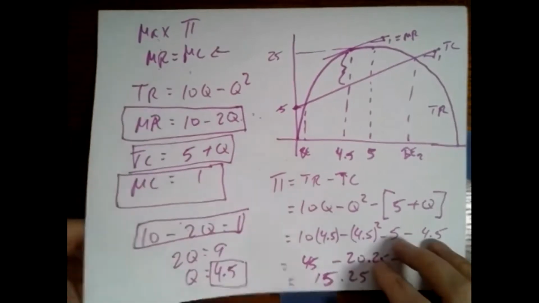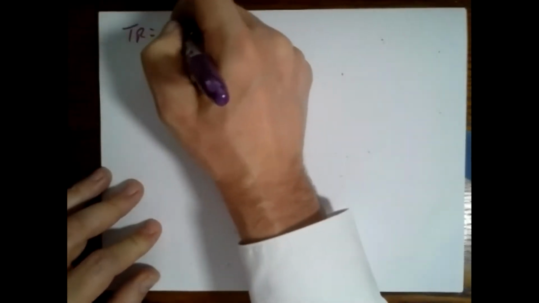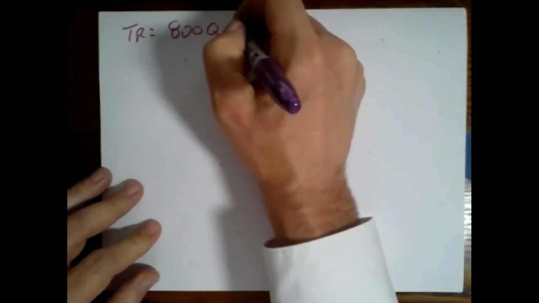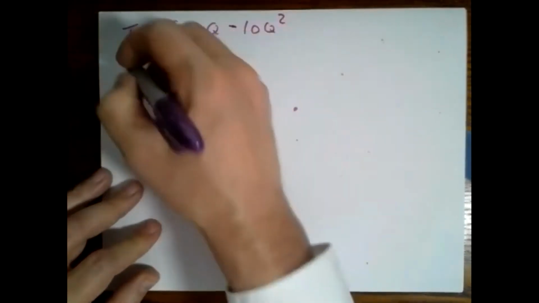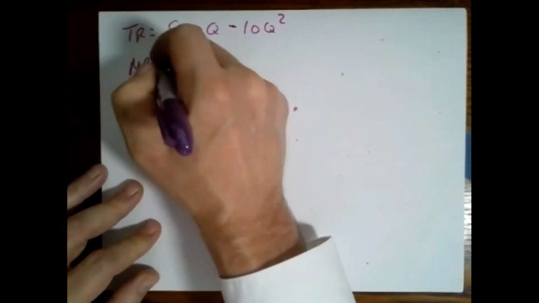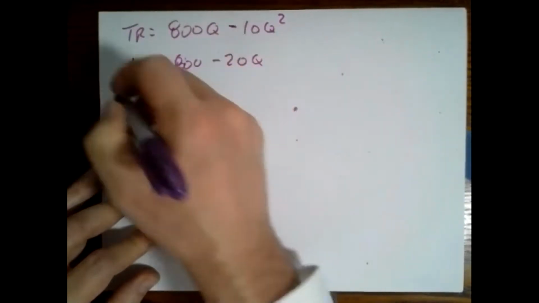So what I want you to do now is try to do the same thing with our other function that we were working with. We said TR is 800Q minus 10Q squared. We said that the marginal revenue is 800 minus 20Q.